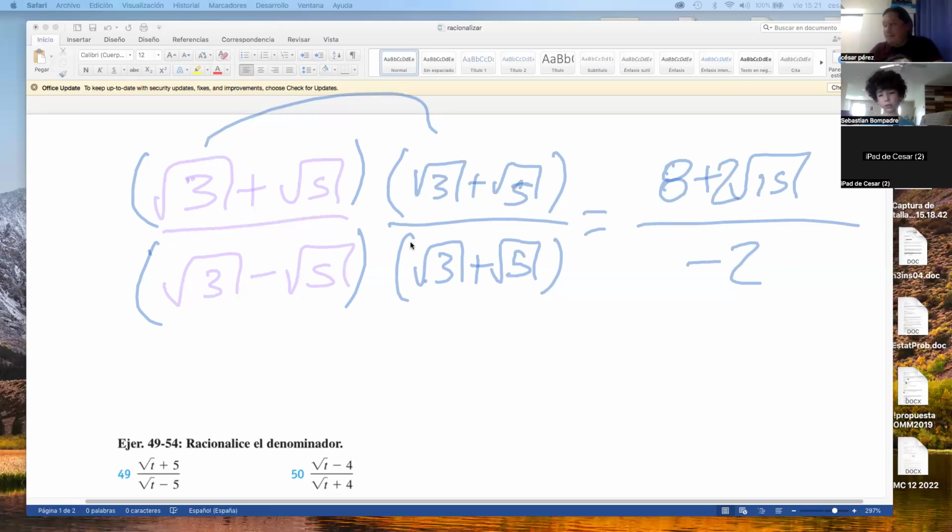And when we divide, we will get minus 4 minus the square root of 15. Yes? No question? Yes, I understand.